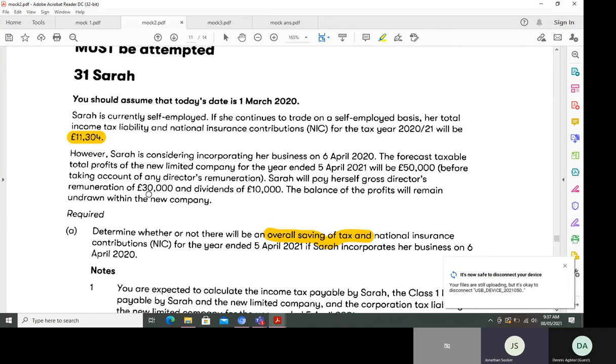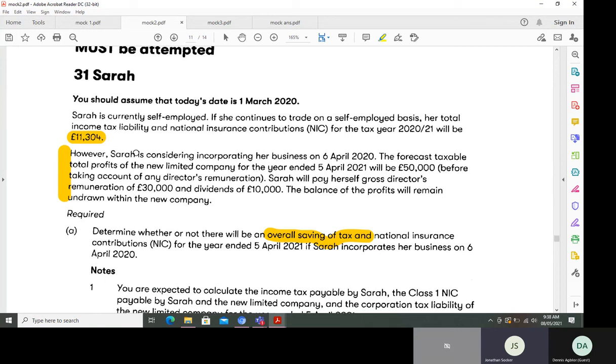So from this information, we have to calculate the new tax and then compare to the tax we're paying under self-employment. Okay, so don't forget, under the new option, Sarah is an employee of a new company.